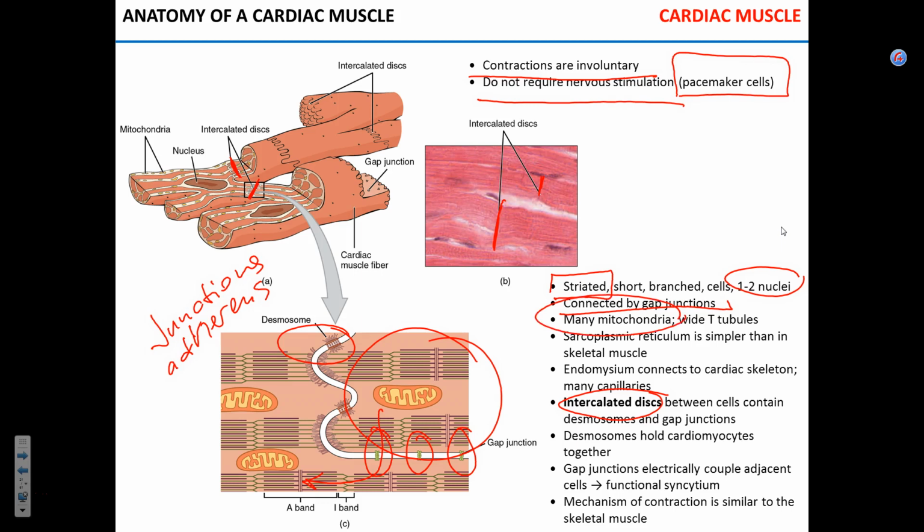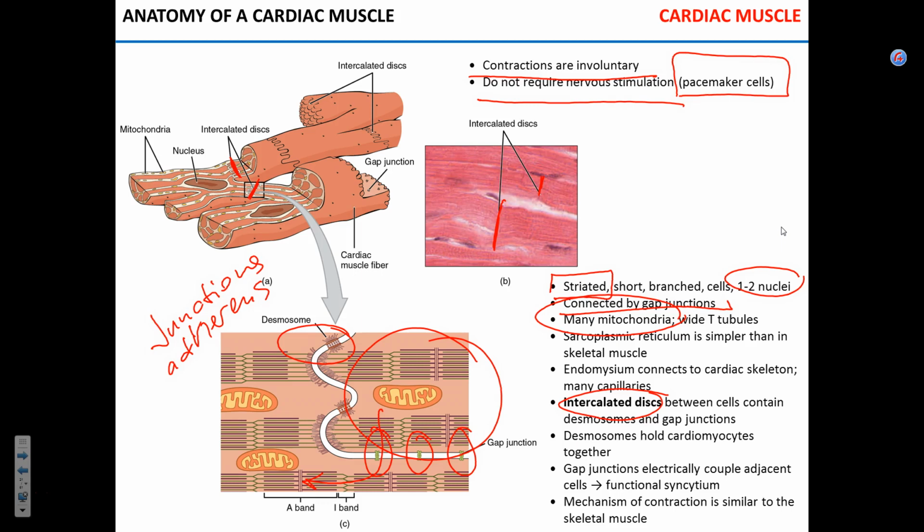Now, there are some structural differences of cardiac muscle cells from skeletal. A lot of mitochondria. Well, there are a lot of mitochondria in skeletal muscle, but cardiac muscle particularly stands out in terms of the number of mitochondria. If you think about the type of metabolism required for cardiac muscle contraction, it should be aerobic. Does that make sense to you?